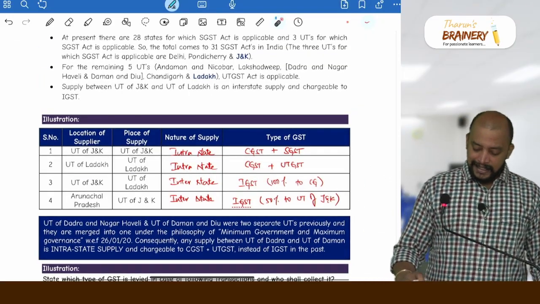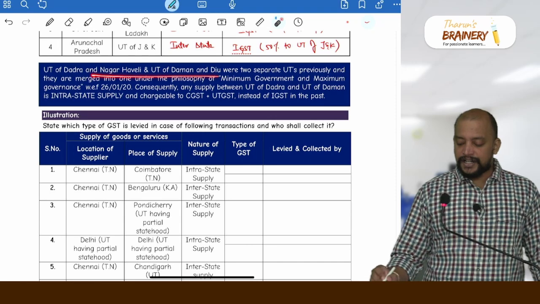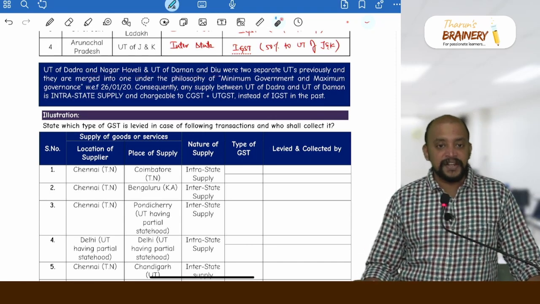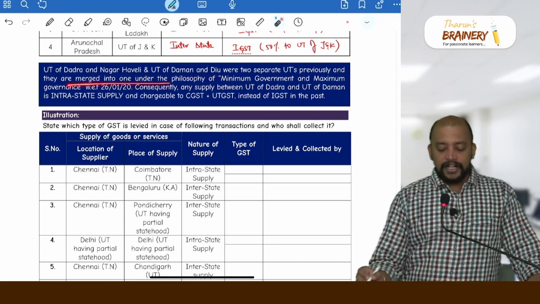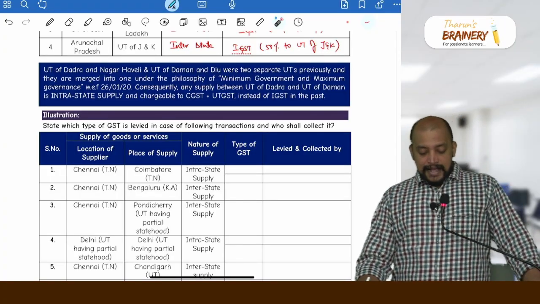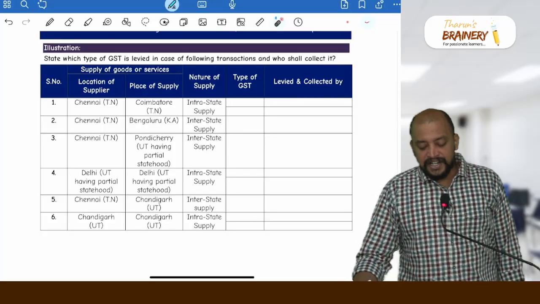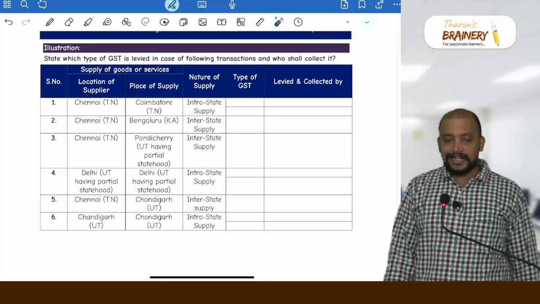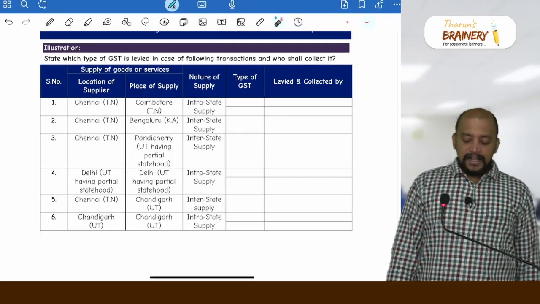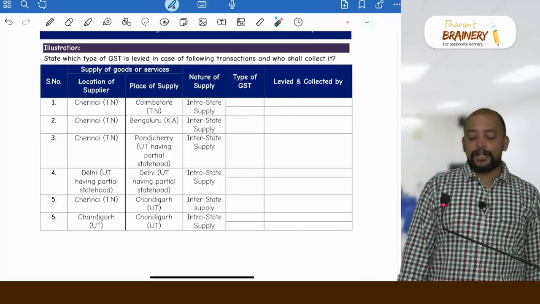And next, Union Territory of Dadra, Nagar Haveli and Union Territory of Daman and Diu were two separate union territories previously, and now they got merged into one. Got it? Next, see one more illustration below. State which type of GST is levied in the following cases and who shall collect it. Okay. Now, first case, location of supplier Tamil Nadu and place of supply Coimbatore, Tamil Nadu.